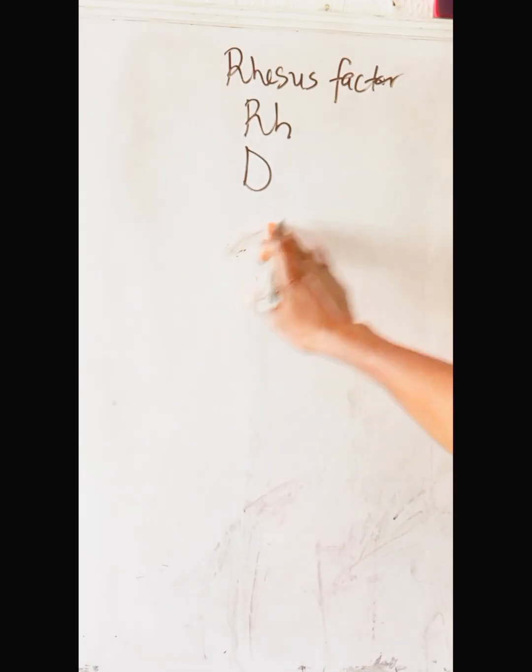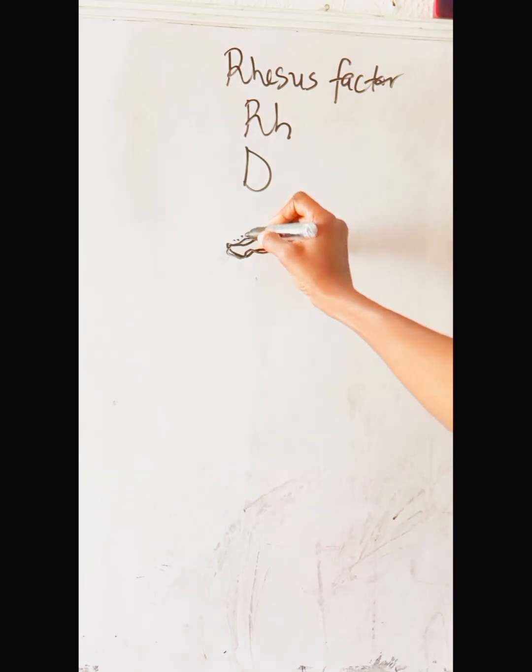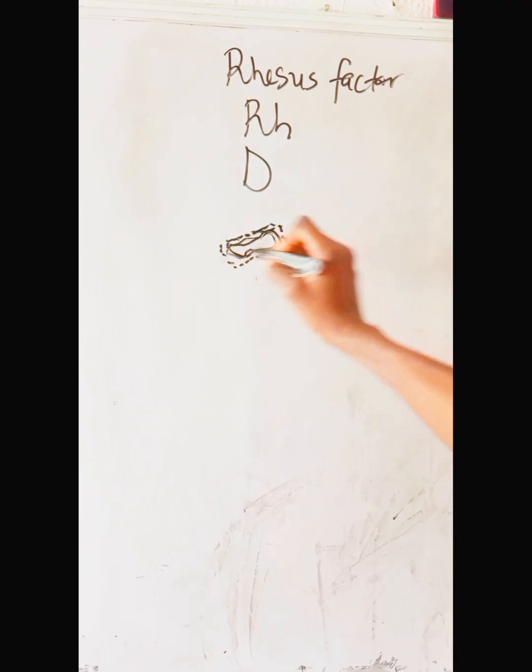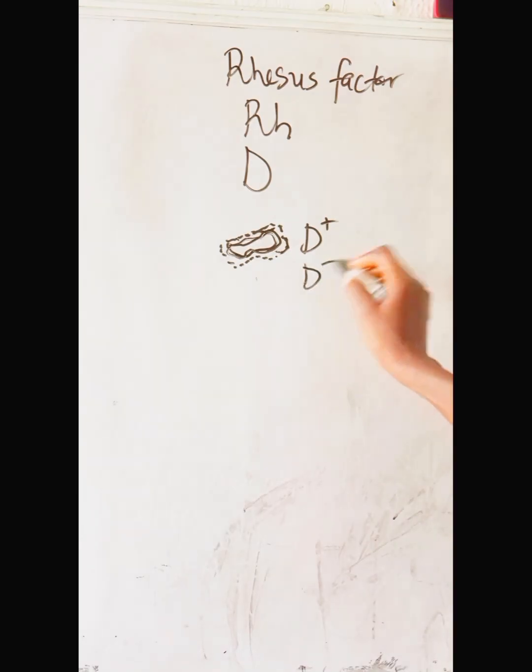How will I draw it now? It's biconcave in shape. Then on the surface, if you have these antigens scattered on it, then you are Rhesus positive. But if you don't have these antigens scattered on your red blood cells, then you are Rhesus negative.